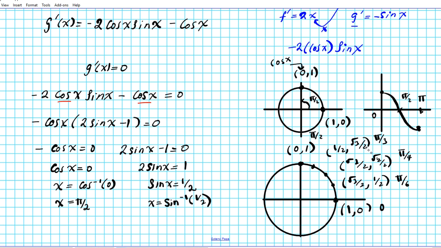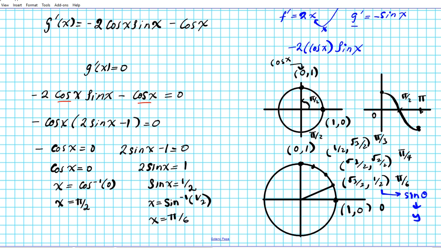Focusing on the y coordinate, we can clearly see that it is pi over 6, or 30 degrees. Sine is y, so this is sine theta, the y coordinate, and our target value is 1/2. So our answer is pi over 6. So x is equal to pi over 6.